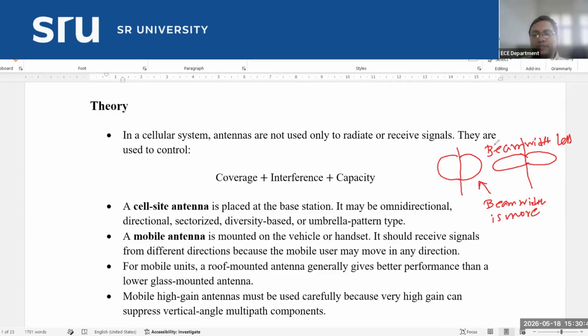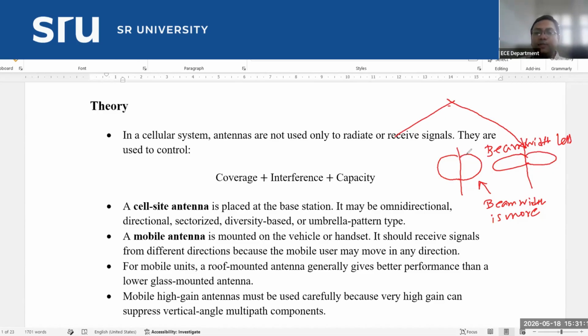Suppose an antenna is using a very narrow beam. Suppose after multipath reflection, some mobile signal enters the receiver through this location. It won't be able to receive the signal because there is a null in the radiation pattern of the mobile receiver.